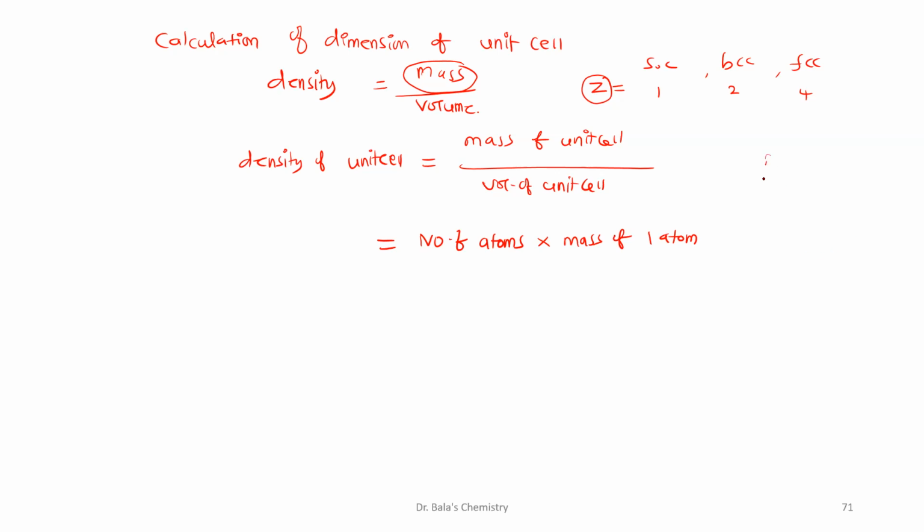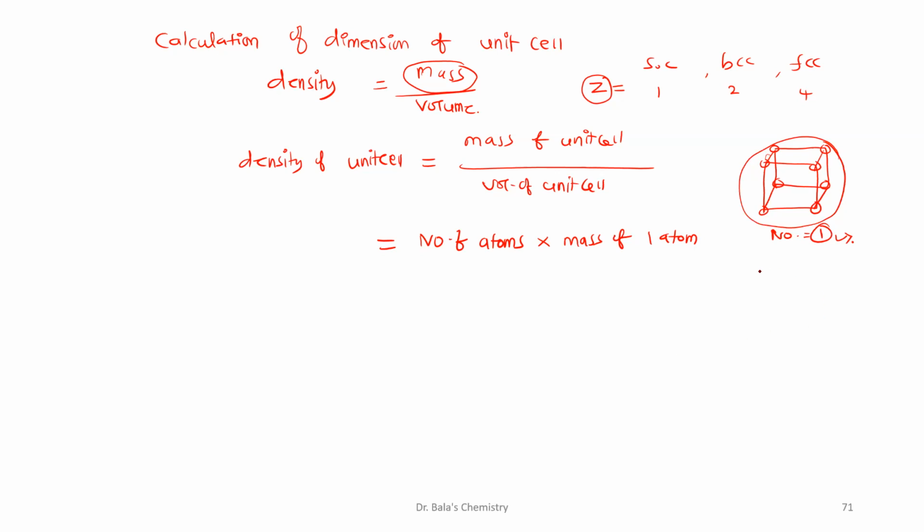Say for example, you take this simple unit cell. We have 8 corner atoms, so here we have to calculate the number of atoms. How many atoms are here? 1 atom. So if you know the mass of 1 atom, we can find out the mass of the entire unit cell.